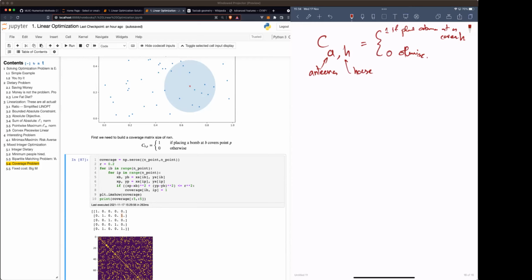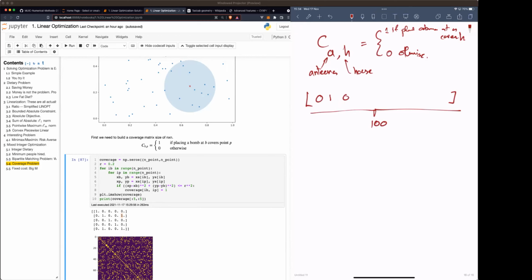Let me just tell you because we are running out of time. The easiest way you can do it is this: I have an array. It's going to look really simple. You're going to have an array of 100 numbers, the number of houses, and each one is 0 or 1.